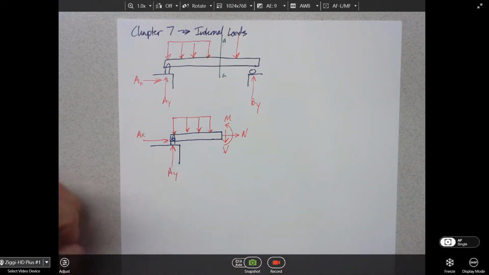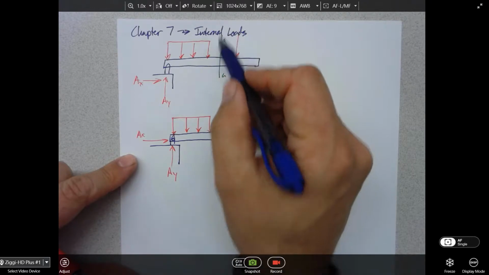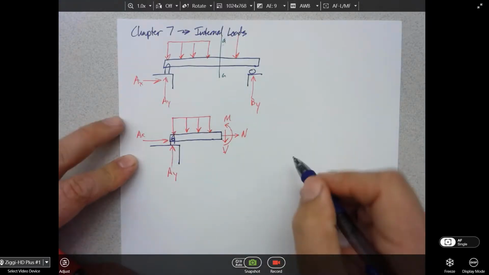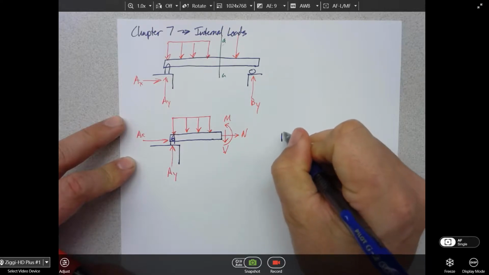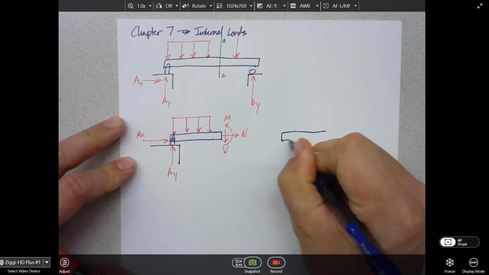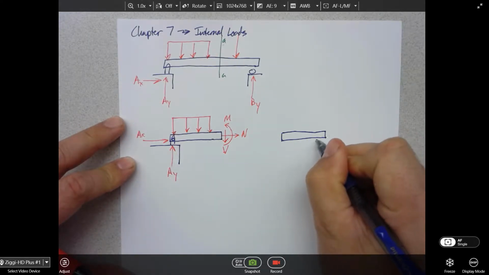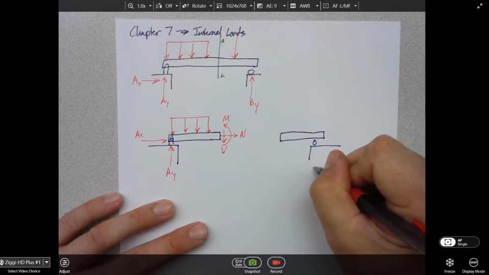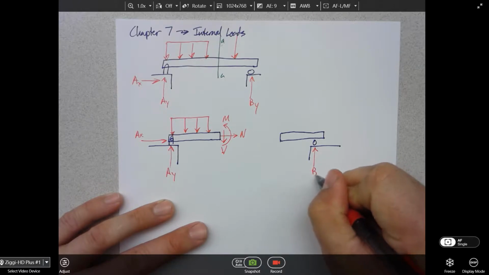Now, if we looked at the other side of this, remember when we did method of sections, we could either look at the left-hand side of the cut or we could look at the right-hand side of the cut. Let me draw the right-hand side of the cut now. So my free body diagram would be something like this.